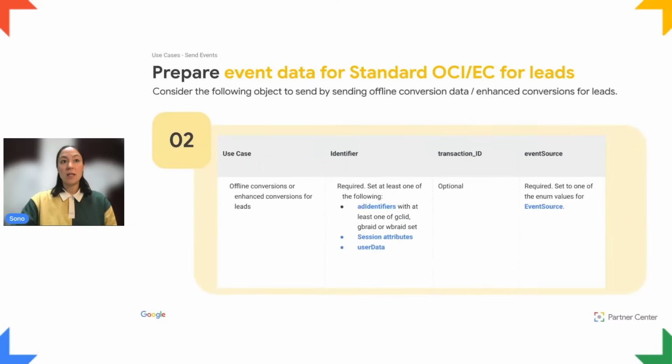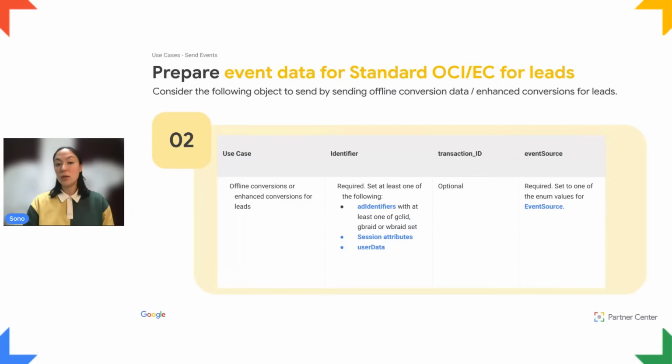How to prepare event data for the standard OCI or EC4 leads purposes. Remember that the recommended way to ingest data for offline conversion tracking would be to send as many identifiers as possible, meaning moving from a Google Click ID only import to enhanced conversion for leads, meaning we are upgrading this part by using the PII, the hashed email address, the phone number, address object, and so on.